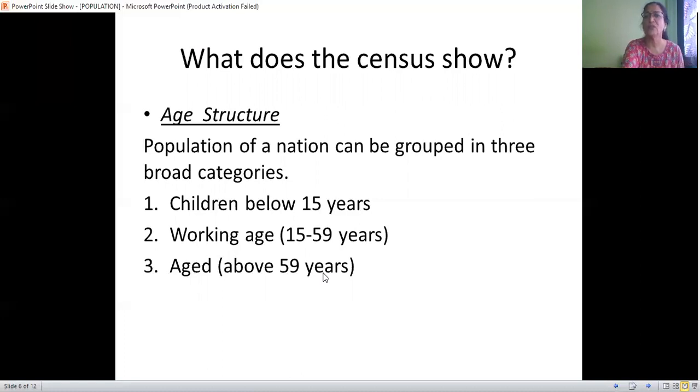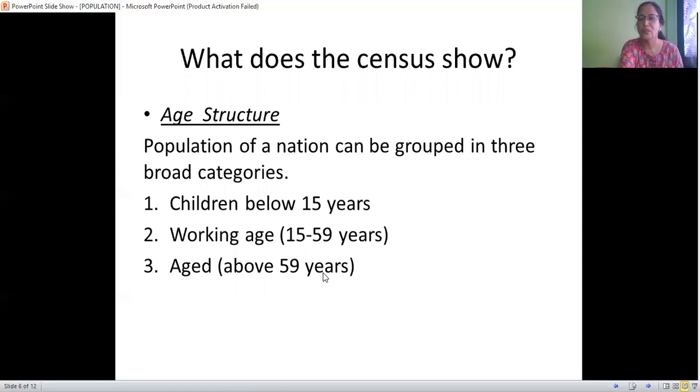The second one is the working age group, that is people between 15 to 59 years. These earn a desired income. They are biological, reproductive, and the aged and the children depend on their income. The third one is the aged, that is above 59 years. Now these are the working people who were in the organized sector and are now earning retirement pensions.